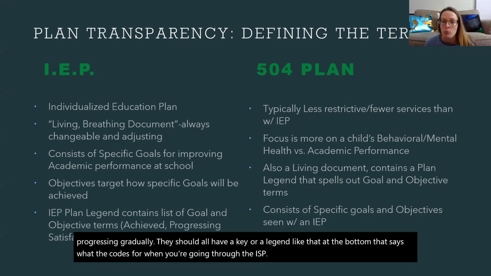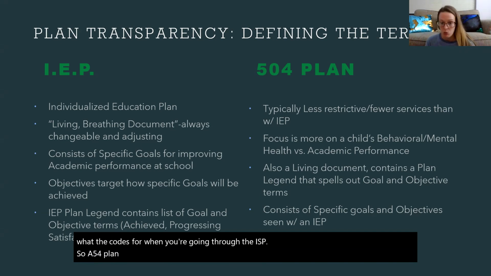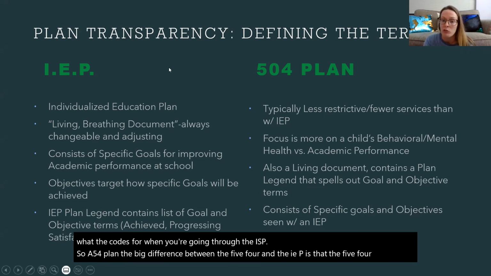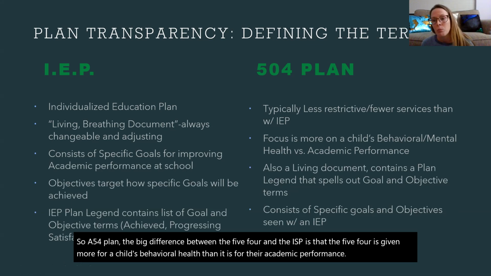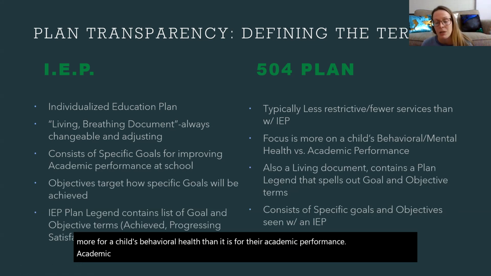So a 504 plan. The big difference between the 504 and the IEP is that the 504 is given more for a child's behavioral health than it is for their academic performance. Academic performance or academic deficits are typically covered with an IEP.